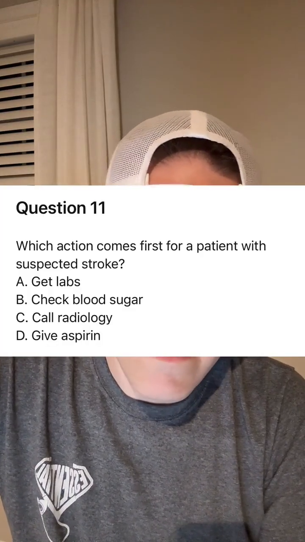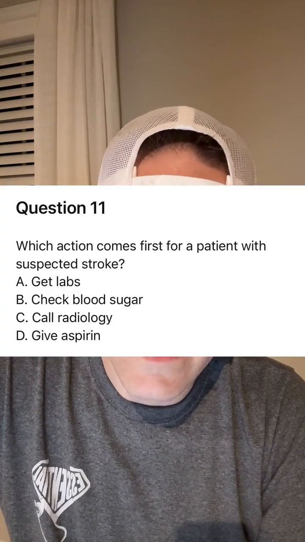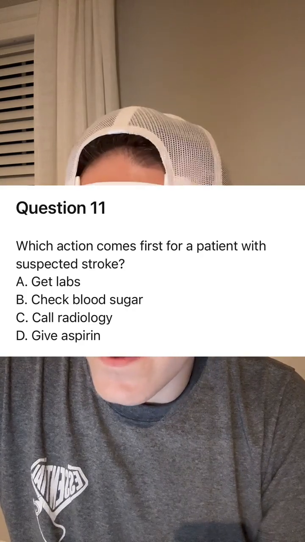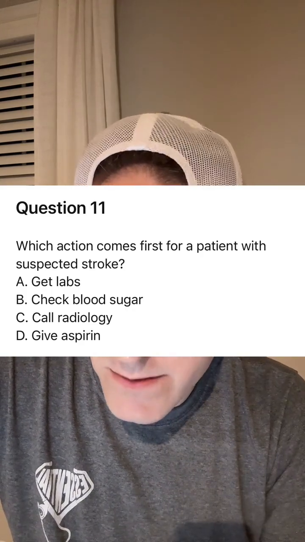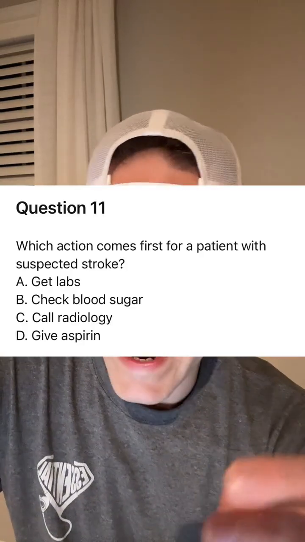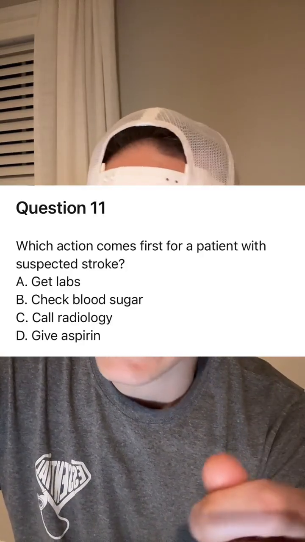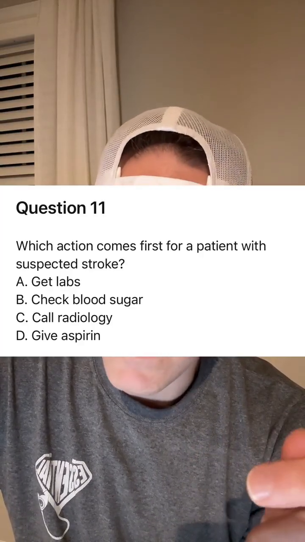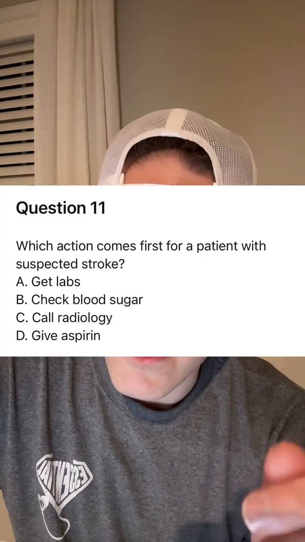Okay. Think of it this way. The correct answer here is B. Hypoglycemia can mimic a stroke, so we need to rule that out first. With hypoglycemia, you think of somebody who looks kind of drunk and sleepy, which is similar to stroke symptoms.